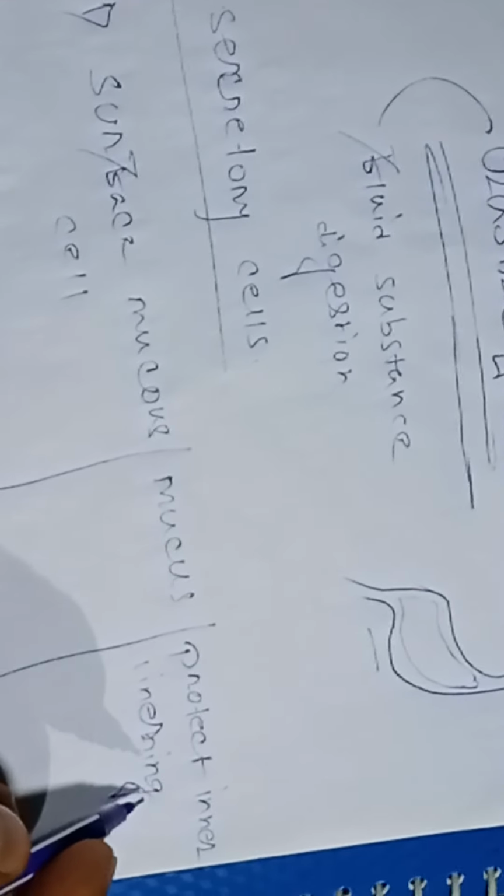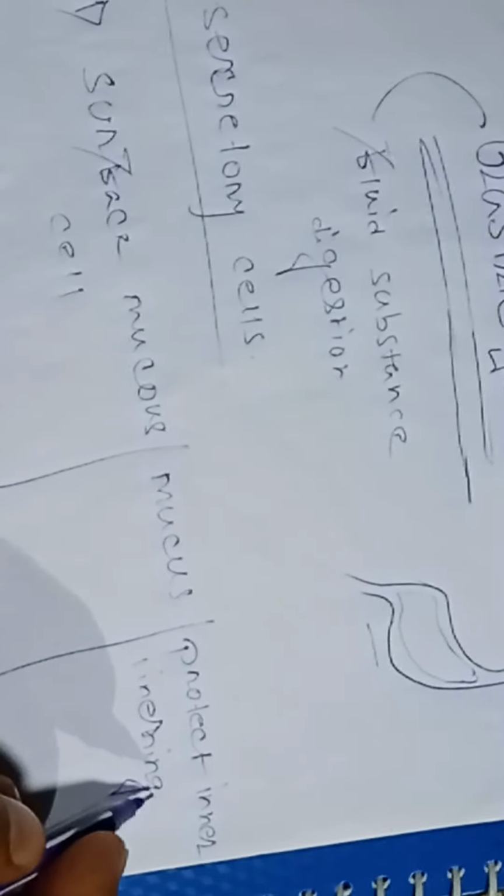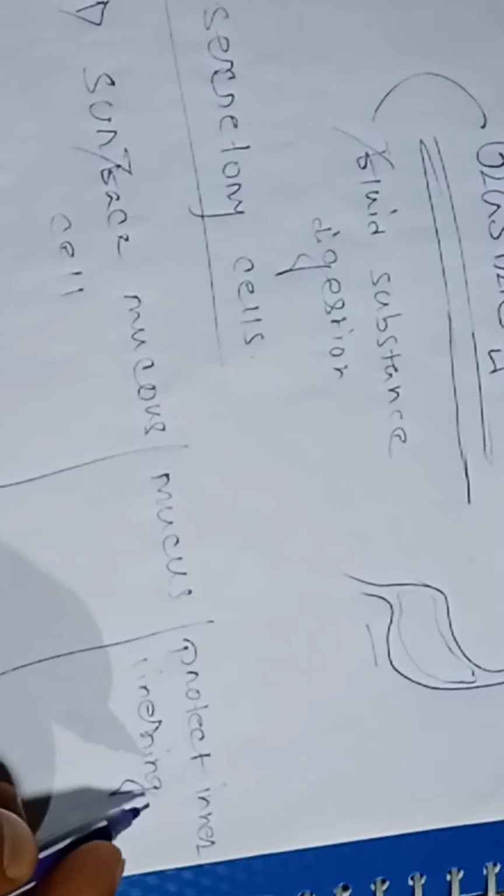Why do we need to protect the inner lining of the stomach? Because there is HCl present. You know, HCl is harmful for our skin or any epithelial cell, so we need to protect that. That's why this mucus is present, and this mucus helps to protect the inner lining of the stomach.